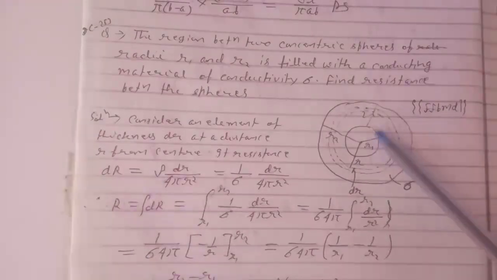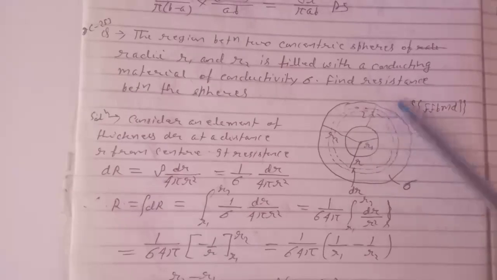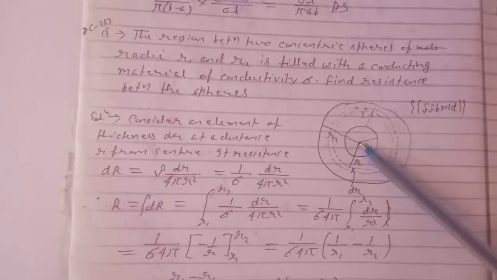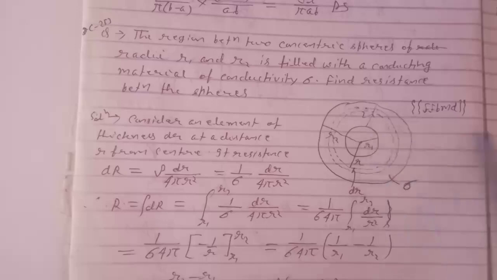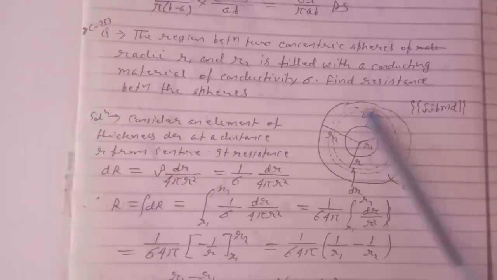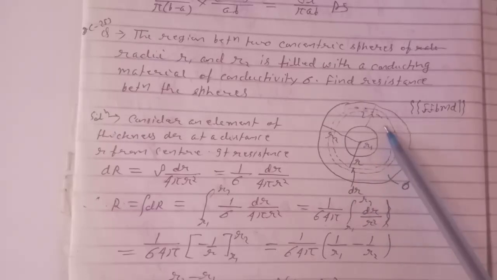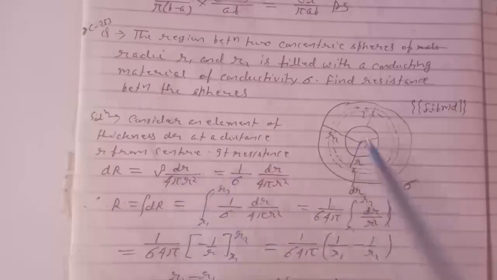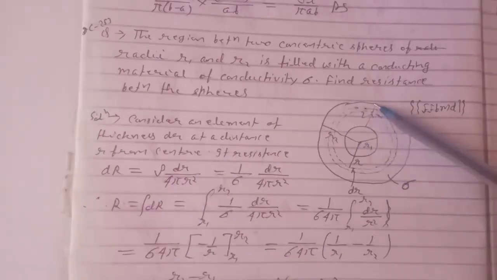Here it is clear that current is flowing from the center to the circumference of the spherical body, that is, in the radial direction. So we have to take the cross sectional area as the area of a sphere.